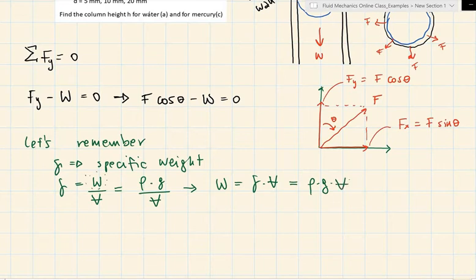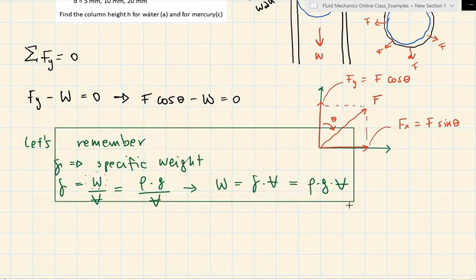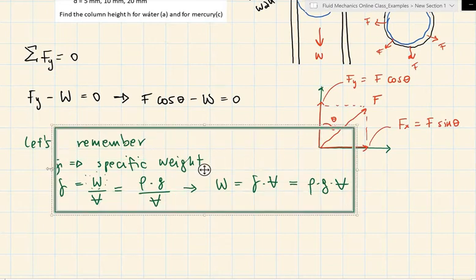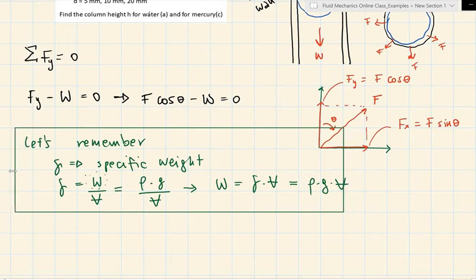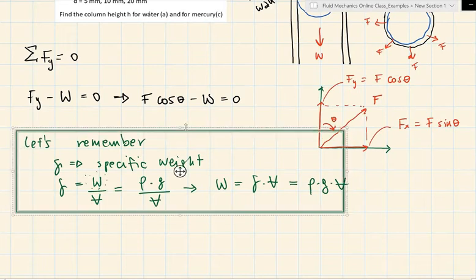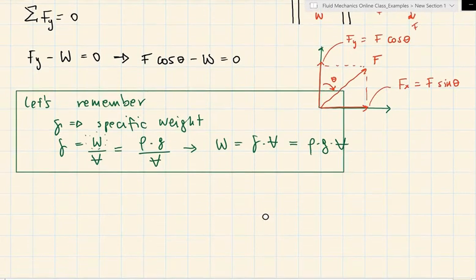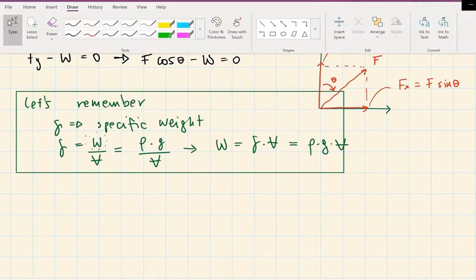I'm drawing the volume with the letter V with a straight line through it. It looks like an inverted A, and this is because we don't want to confuse volume with velocity. So every time I use this nomenclature, a V with a line crossed through it, I'm referring to the volume. Let's put this in a box, so we won't forget.